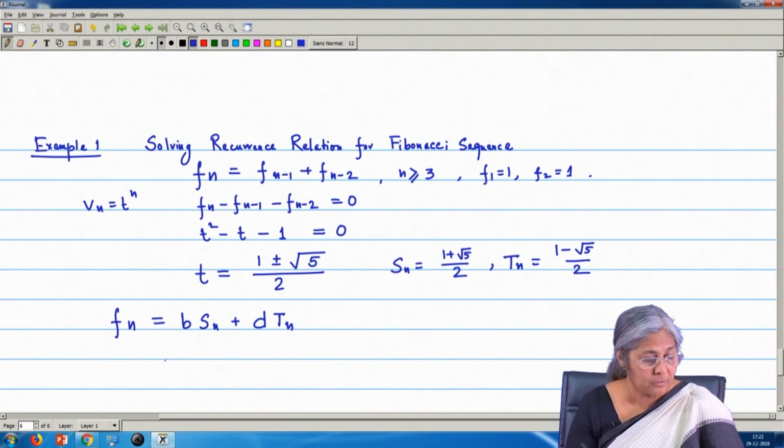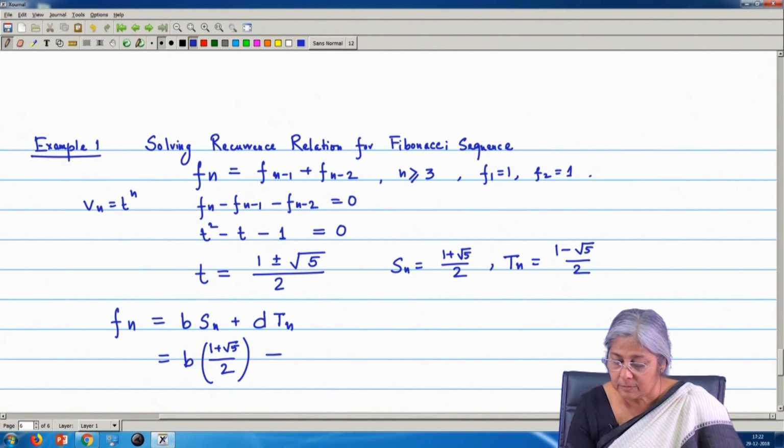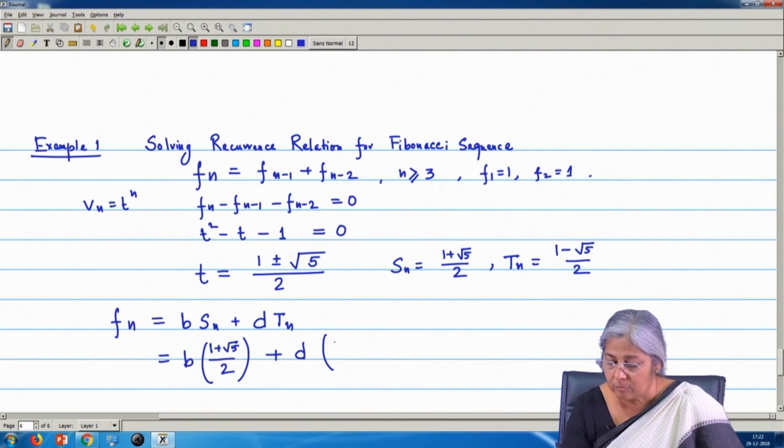So, this is equal to b into 1 plus root 5 by 2 to the power n plus d into 1 minus root 5 by 2 to the power n.